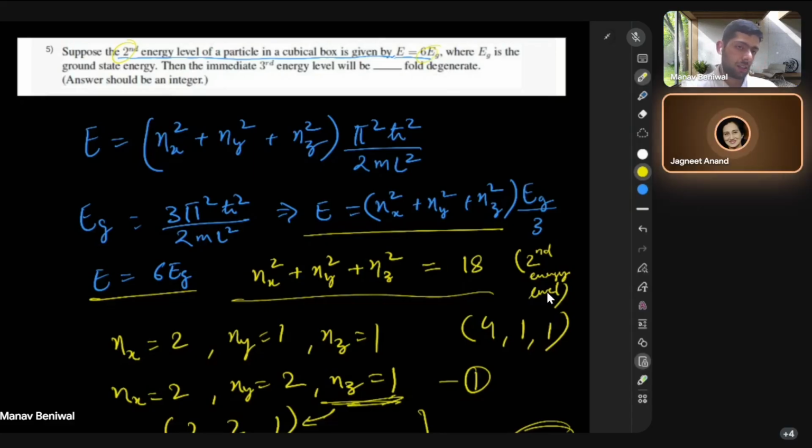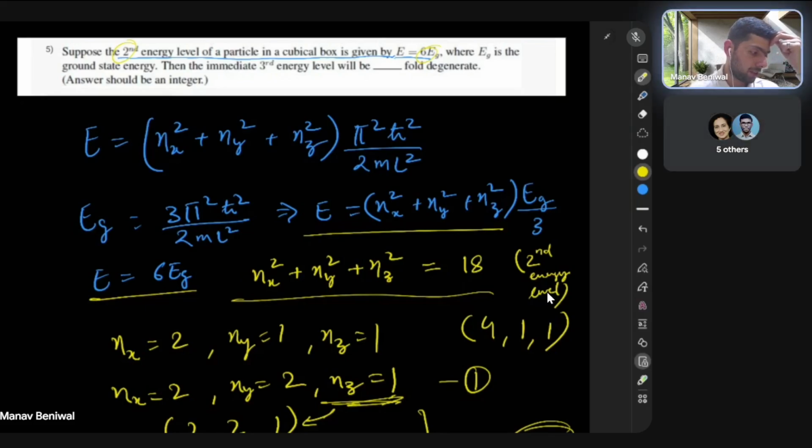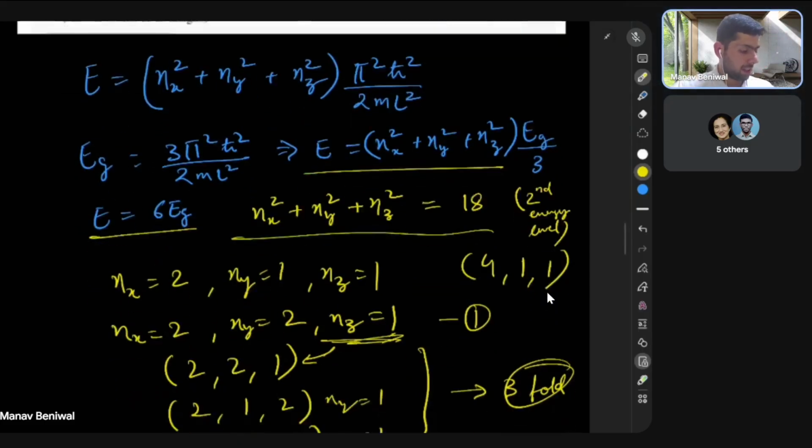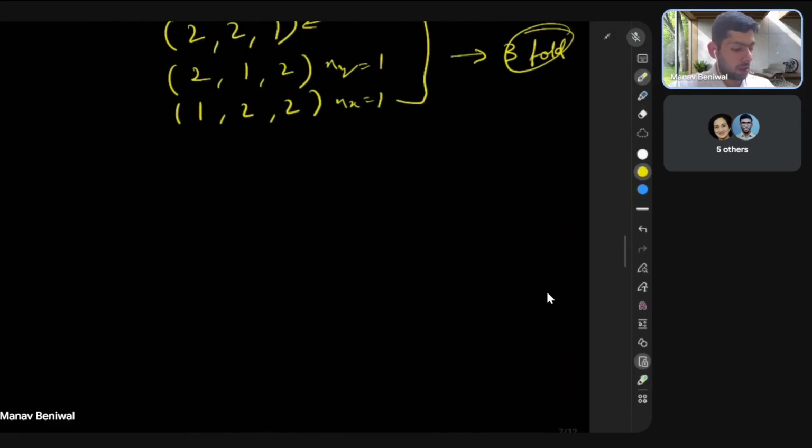So 411 would be which energy level? It is not ground, it is not the first. Is it the fourth energy level? No. Then we'll have to calculate the energy of all the levels before. We can do that, it won't take much time. So your 111 will give you 3, 1 squared plus 1 squared plus 1 squared.